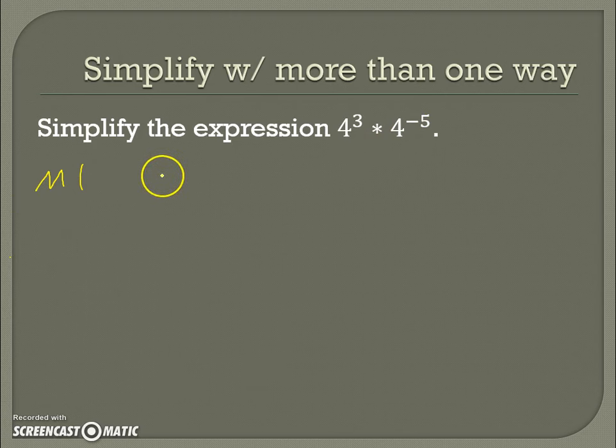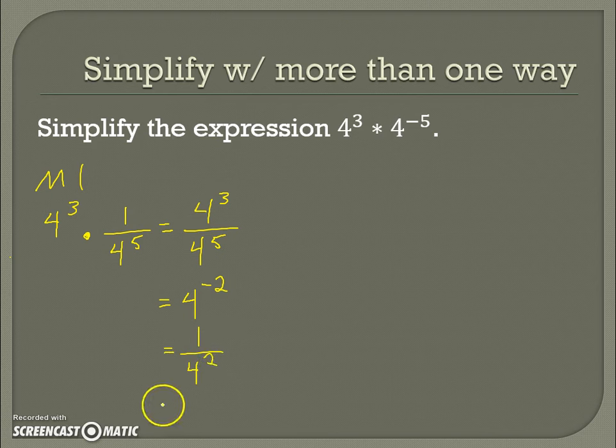So in other words, instead of having 4 to the third times 4 to the negative 5th, I'd have 4 to the third times 1 over 4 to the 5th, which equals 4 cubed over 4 to the 5th, which if I follow my rules is going to be the same thing as 4 to the negative 2, because that's 3 minus 5, which equals 1 over 4 squared, which is equal to 1/16.